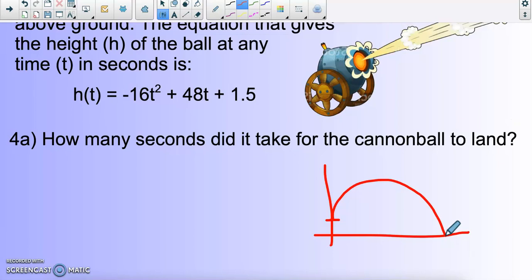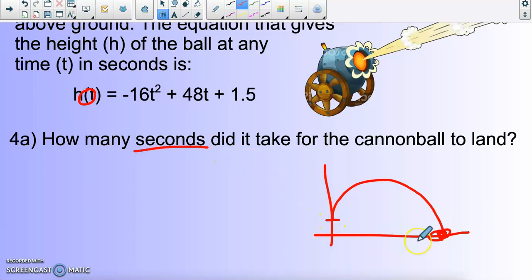So how do we find when it hits the ground? Well, we're not looking for a vertex here. We're looking for a root. And when you think about this equation, what we're looking for is when the height of this cannonball is 0. So to solve this problem, we set the height equal to 0 and solve. When we solve it, we're going to get two values for t.